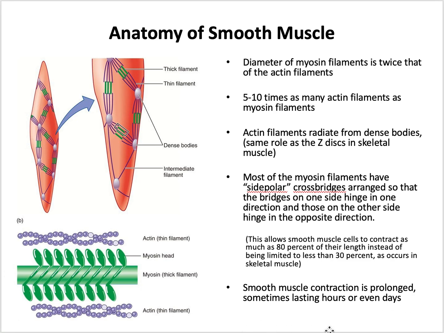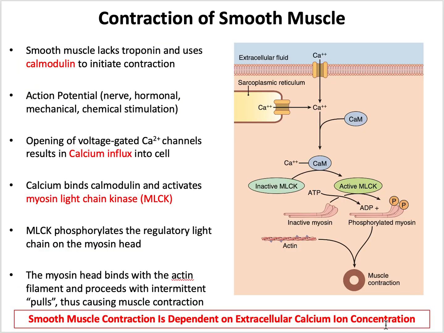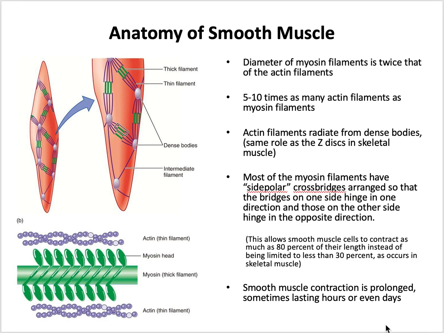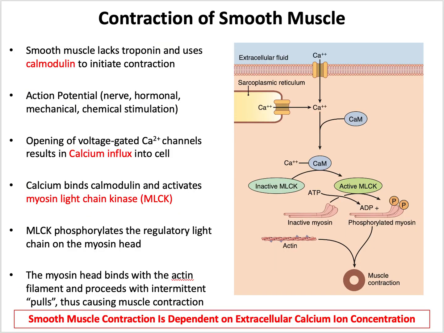Another point to mention again is that smooth muscle contraction is low energy and we have fewer cross-bridge cycles happening, so we can have very long, prolonged contraction. Again, what I talk about is what you will be responsible for. The extra information on these slides is just there to help you if you want extra information.